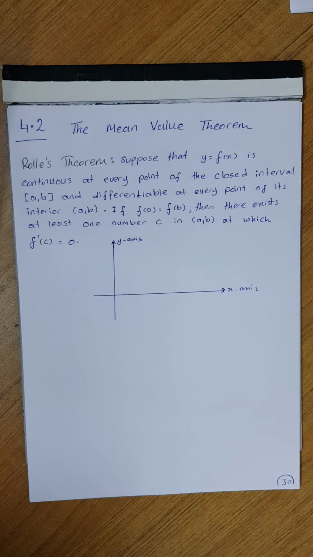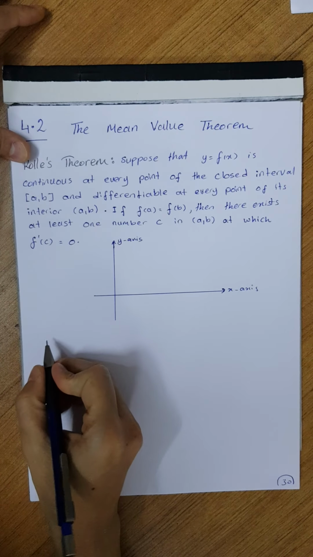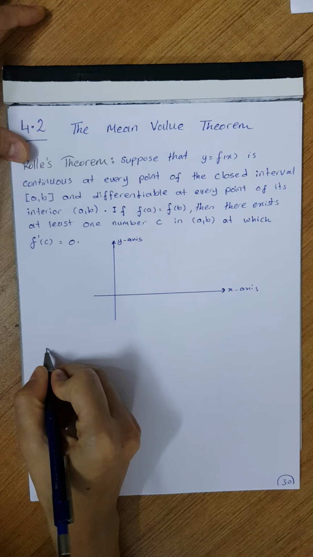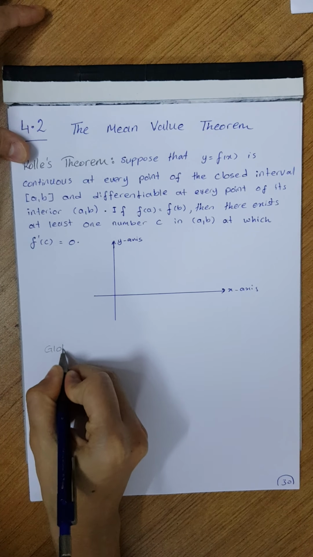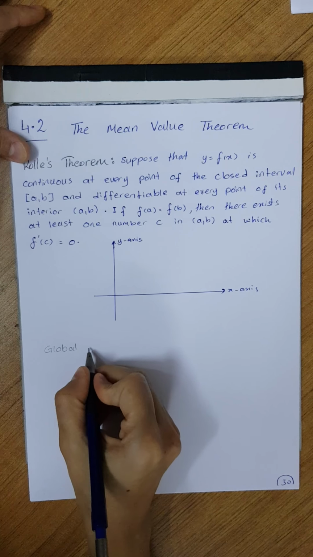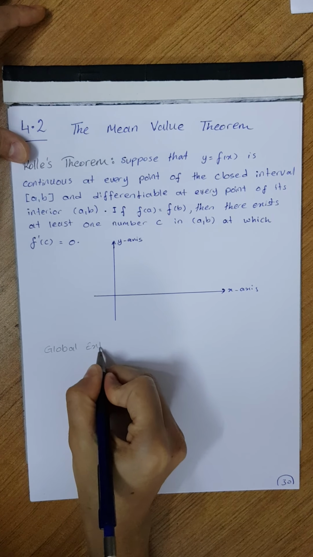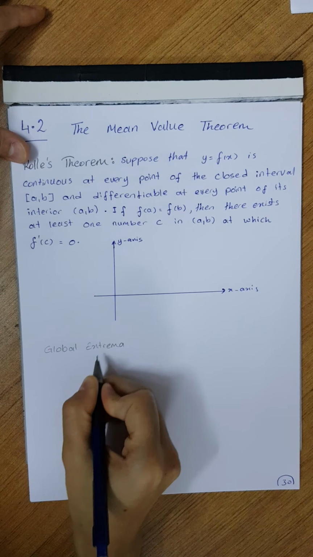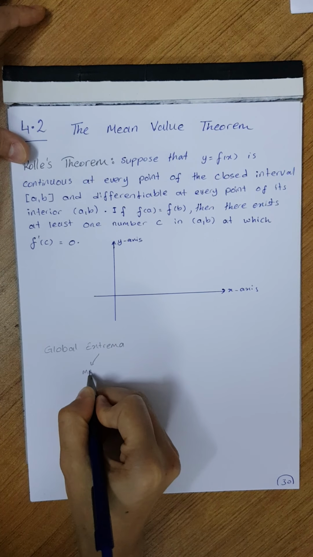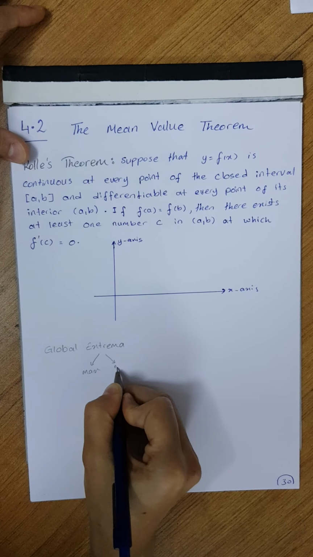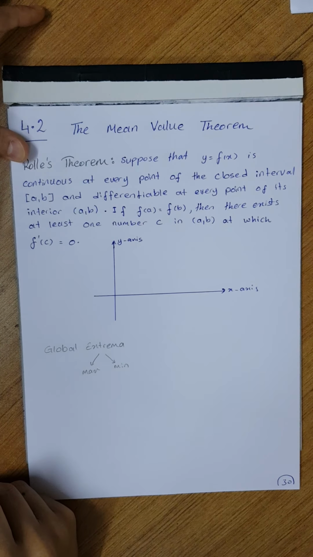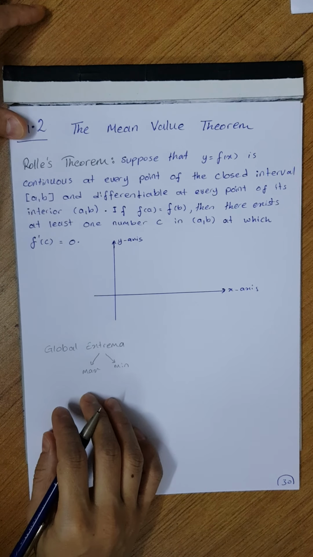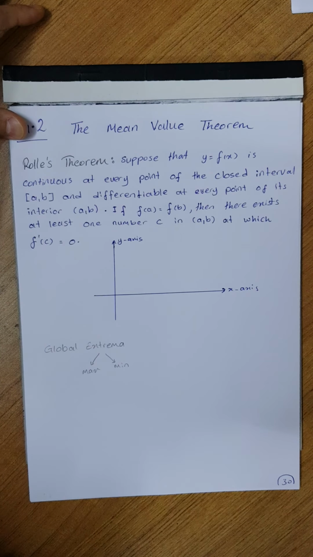Let me make a quick review as we do in general. We have got global extrema. What does extrema mean? That means global maximum and global minimum. How were we finding them?